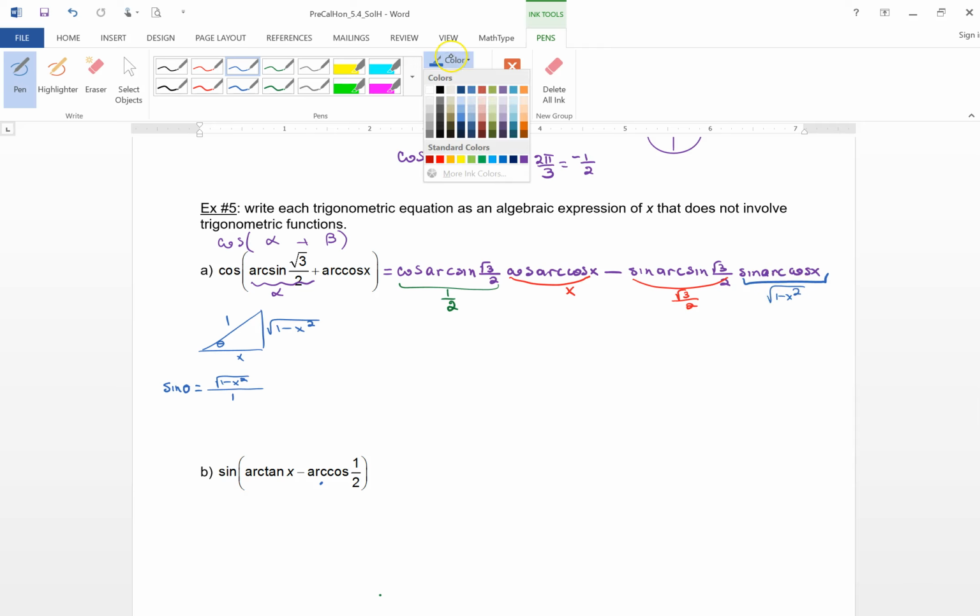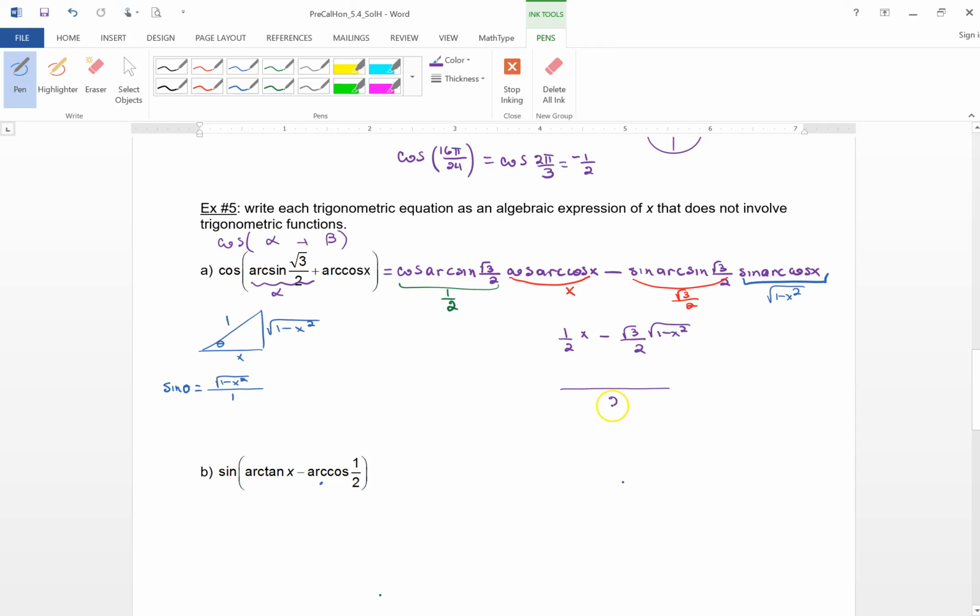So now putting it all together, I have on this side 1/2 times x minus root 3 over 2 times the square root of 1 minus x squared. You combine the denominators, all over 2, and I have x minus root 3 times root 1 minus x squared.